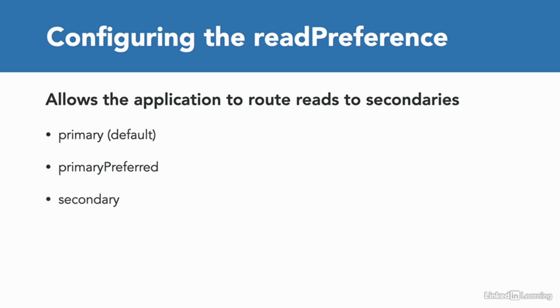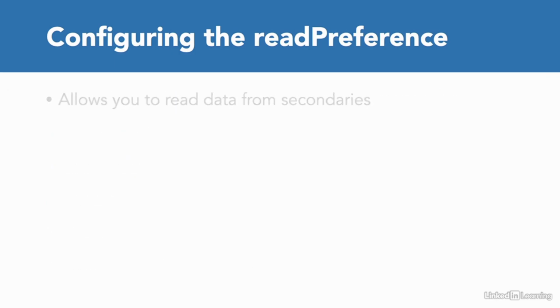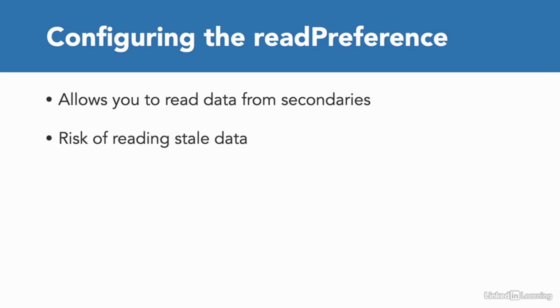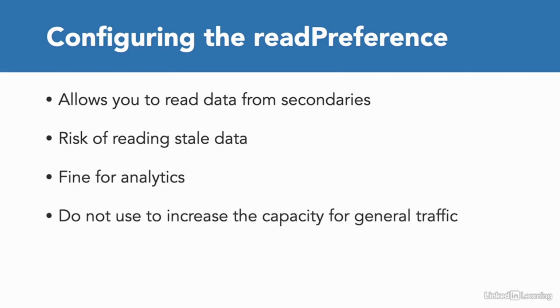Secondary, which means reads are routed directly to secondaries. Secondary preferred, which means they will only go to a primary in certain circumstances. And then nearest, which is then the node that has the lowest latency to where you are querying from. However, you do risk reading stale data if you read from a secondary. This is generally fine for analytics. However, you should generally not use it if your goal is to increase the general capacity for your normal application traffic.